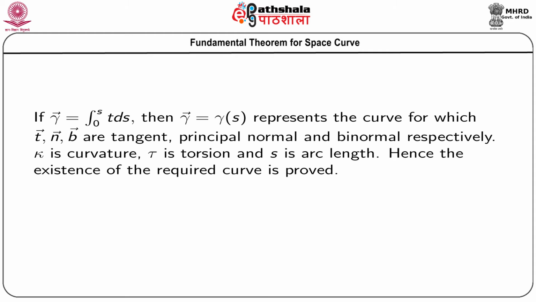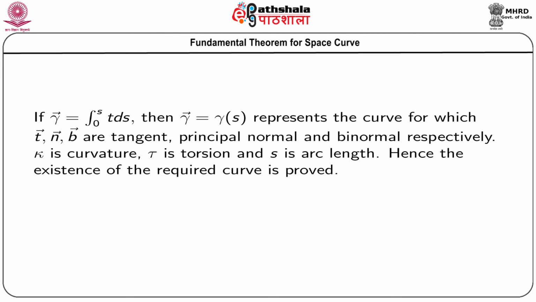Now, if we consider r equals the integral from 0 to s of t ds, then r, which is a function of s, represents the curve for which T, n, b are tangent, principal normal and binormal respectively.